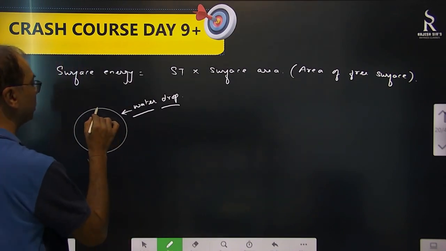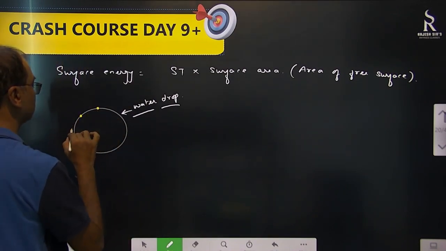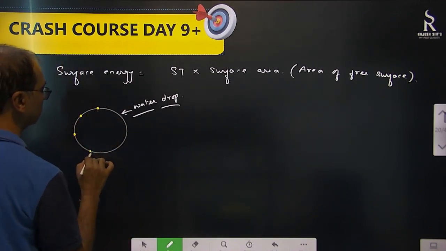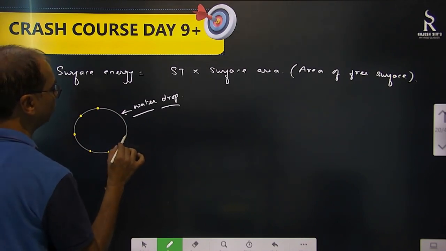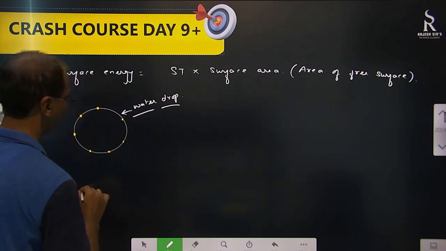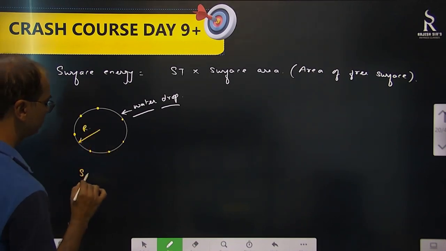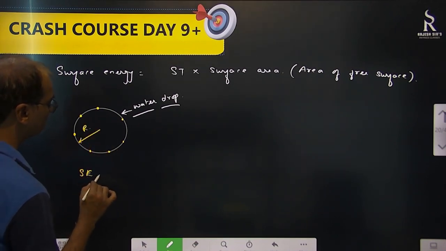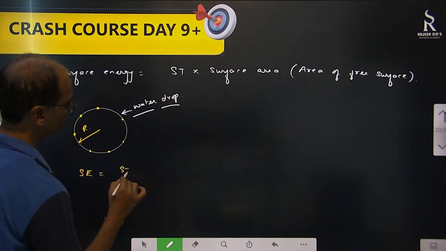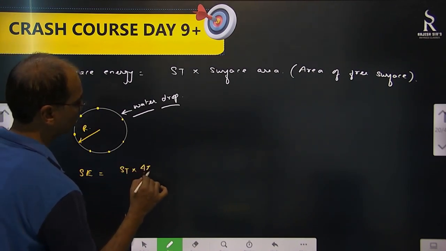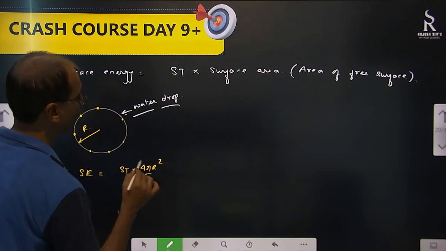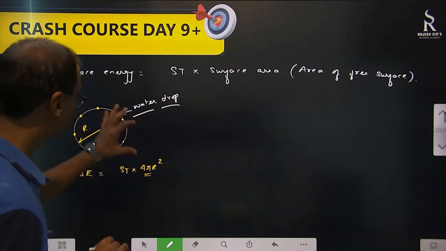And here are those particles which are on the free surface. If we have to write the surface energy of this drop, suppose its radius is r. Surface energy will be surface tension into 4 pi r square. Remember, it's a drop. Don't write it as pi r square. It's spherical.